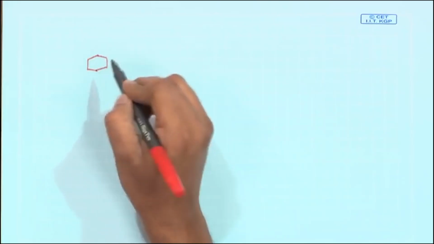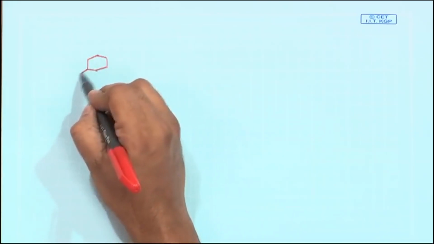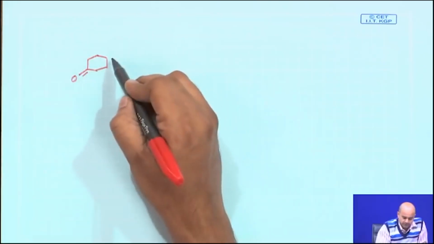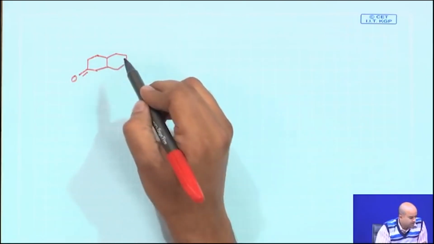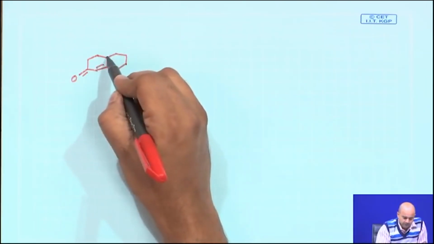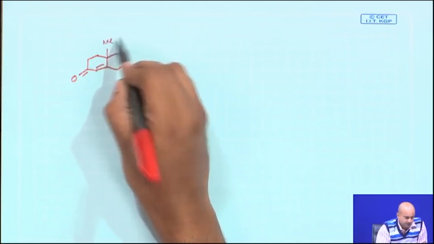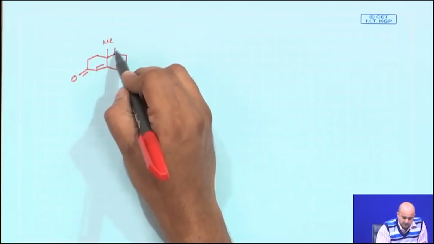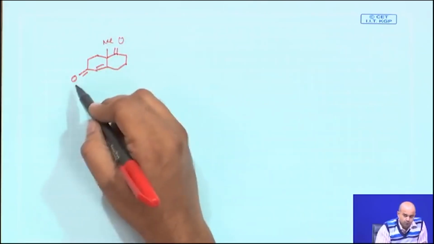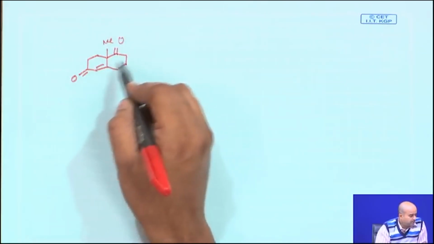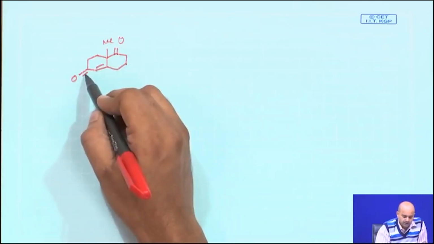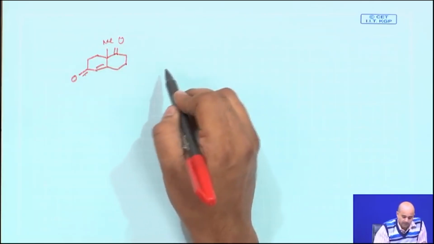We will try to stop our discussion by talking about this example. This example is a bicyclic ketone, but there are two carbonyl functionalities, one alpha-beta unsaturated, one saturated.